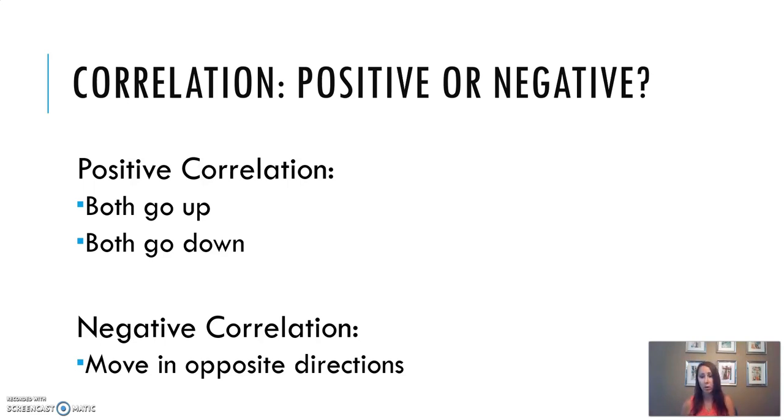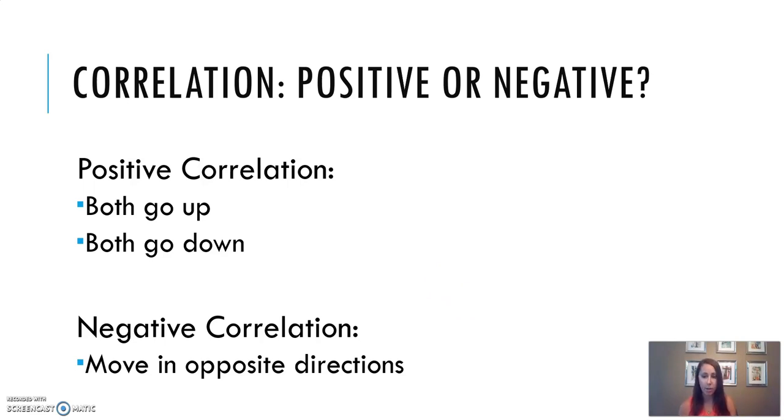That is a negative correlation because we're saying this thing over here is going up and this thing over here is going down. So the easiest way to keep this straight is: positive, they're moving together, whether up or down. Negative, they're moving opposite.